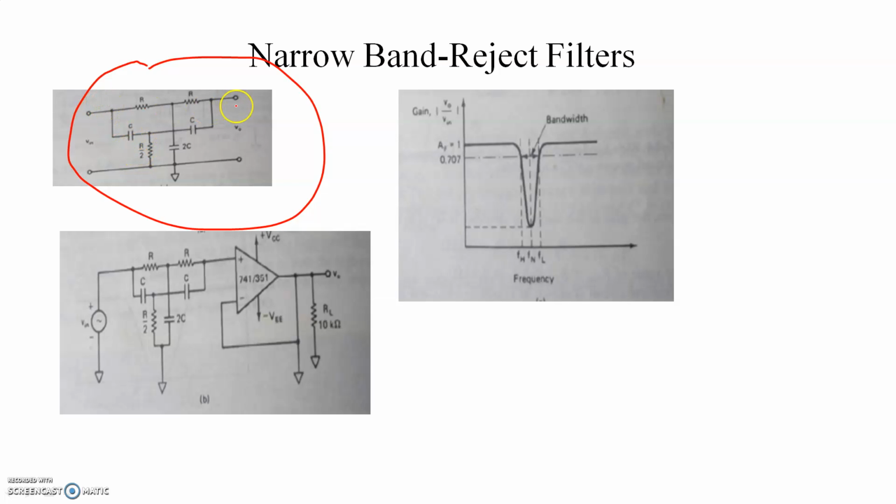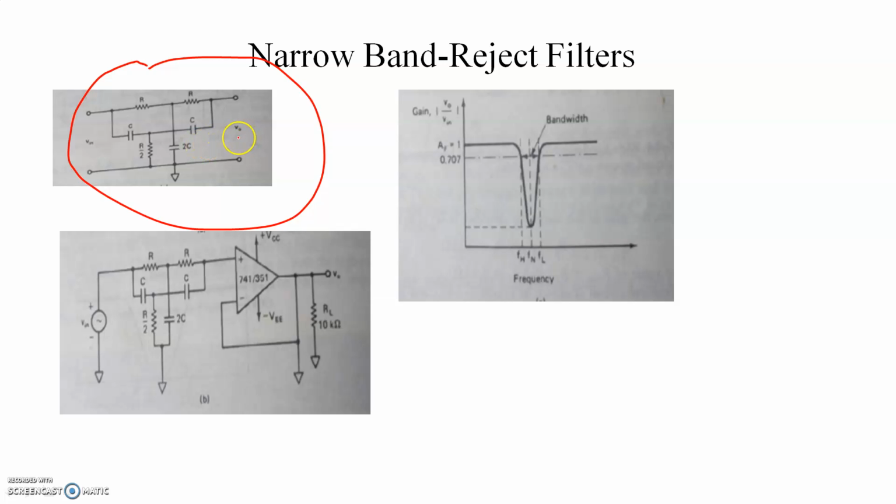The first T network consists of two resistors and one capacitor connected in the shape of the English letter T. The other T network consists of two capacitors and one resistor connected in the shape of a T. These two are connected together, and it is used in band reject filters to eliminate specified frequencies.